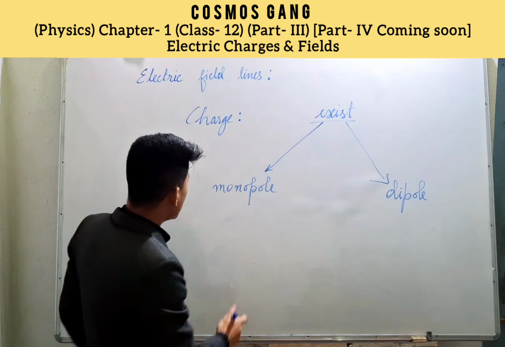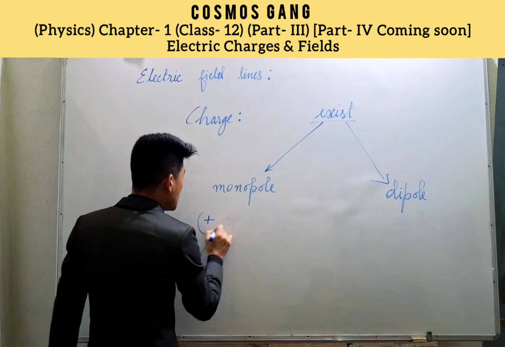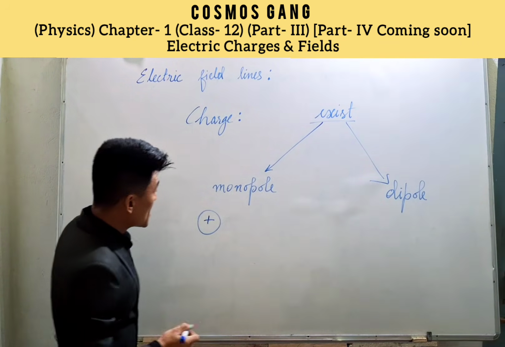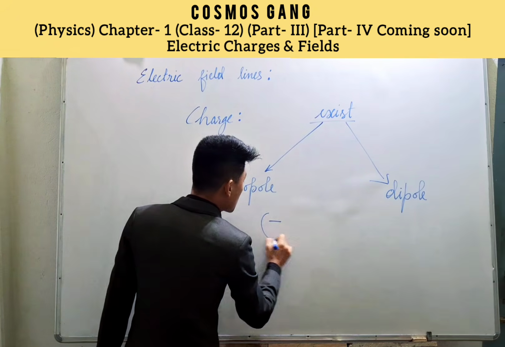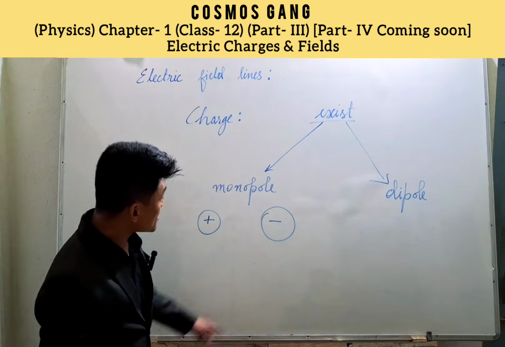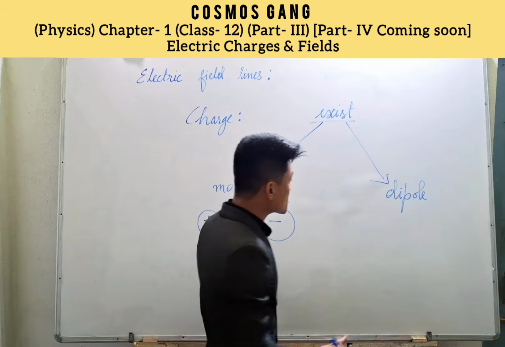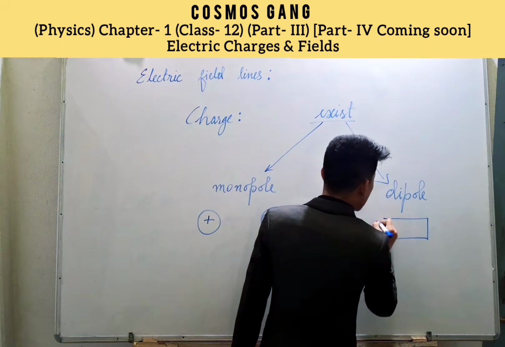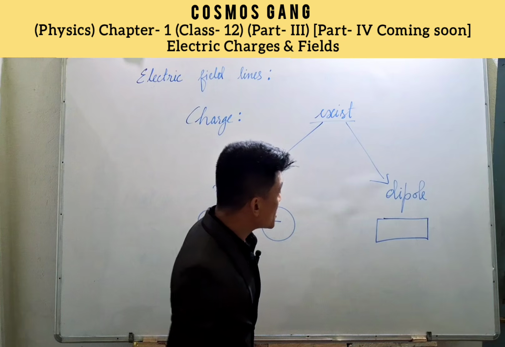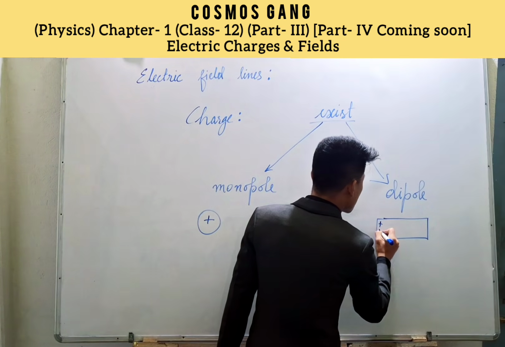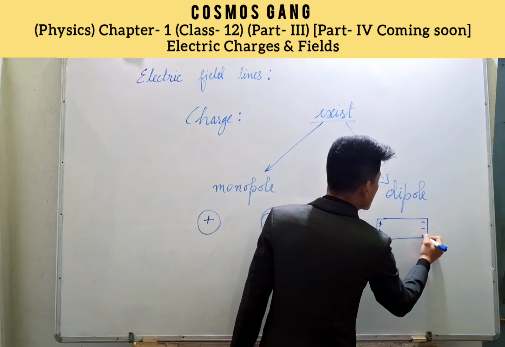Monopole means it can exist singly as a positive charge and it can exist singly as a negative charge. Dipole means it can exist as a combination of both positively and negatively charged.